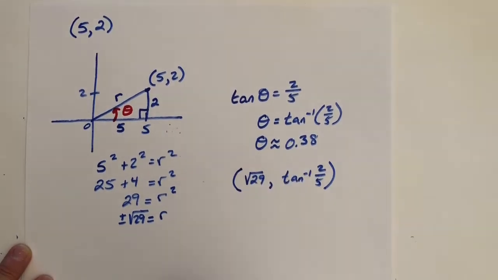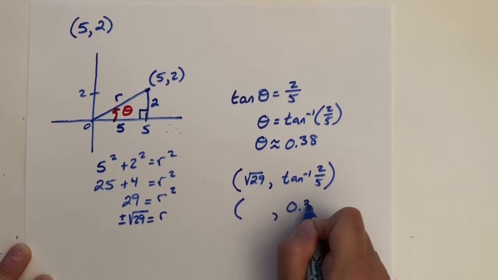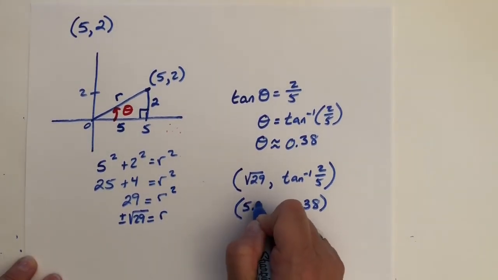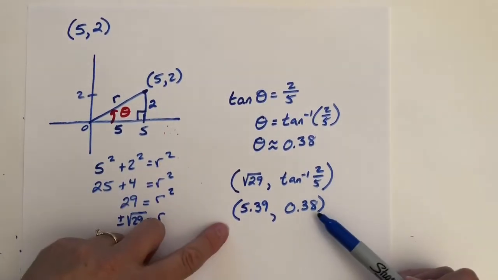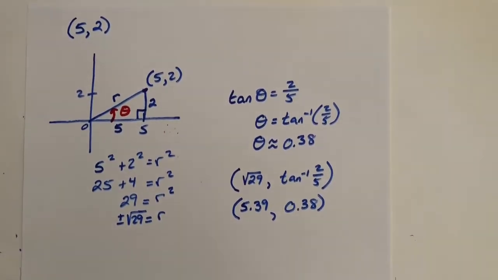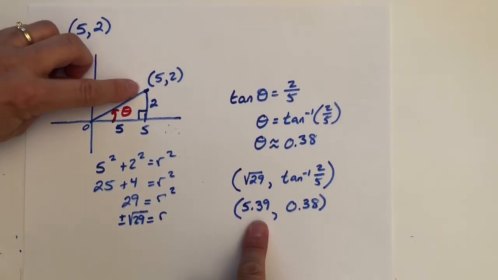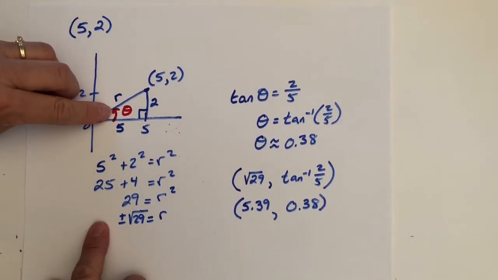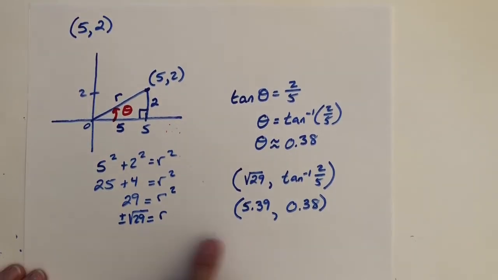But I just found the decimal there, so let's pop that in. So the angle is 0.38 radians, and if you take the square root of 29, you have 5.39. So again, pay attention. Were you looking for exact values, or did you want decimal approximations? But here's the representation of this point with polar coordinates. So this angle here is 0.38 radians, and this r value is approximately 5.39.